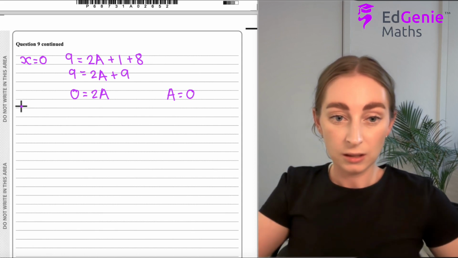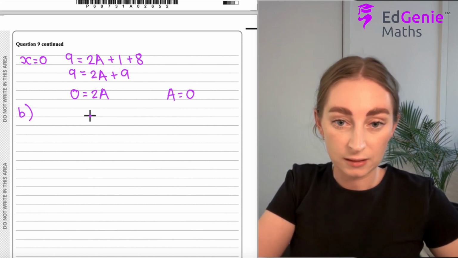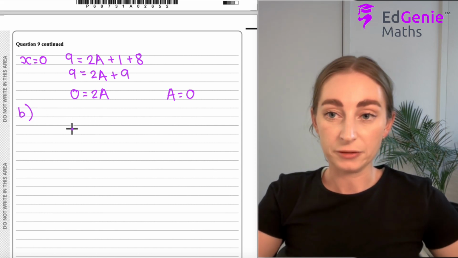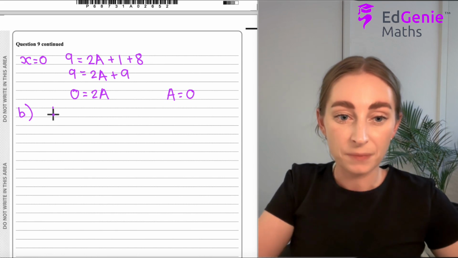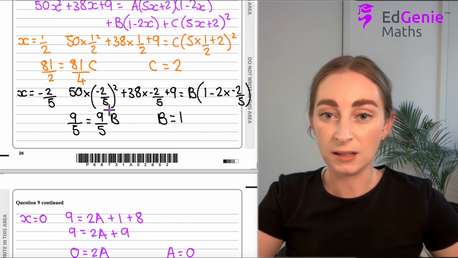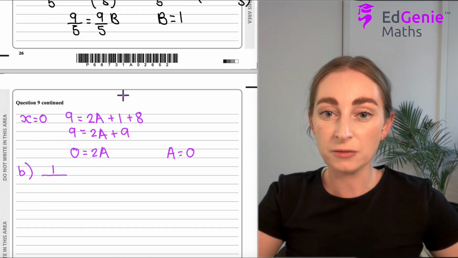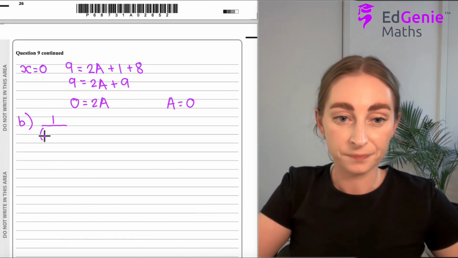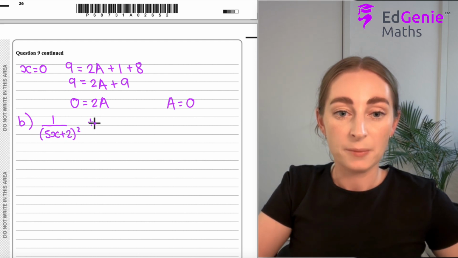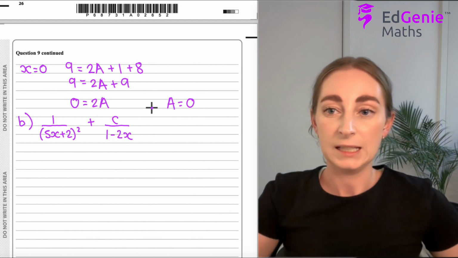So hold tight. We are going to have, what was B? It was 1, wasn't it? 1 over, and was that the 5x plus 2? Yeah, 1 over 5x plus 2 all squared. Plus C, which was 2, I think. Was it 1 minus 2x? Let's double check.